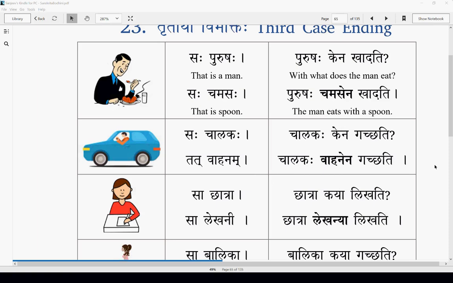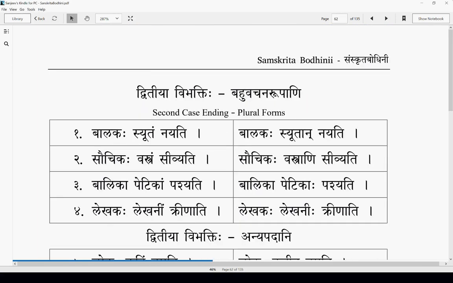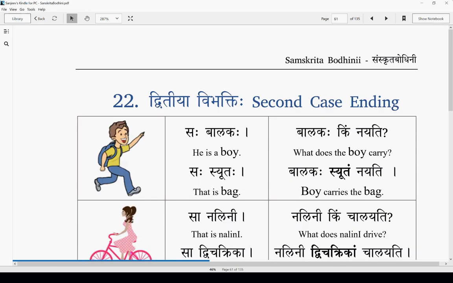If you look at the previous lesson on Dvitiya Vibhakti, we had two sentences, Saha Balakaha, Saha Syutaha, and we wanted to connect these two. There is a Balaka, there is a Syuta, a bag. So what is the connection between them?